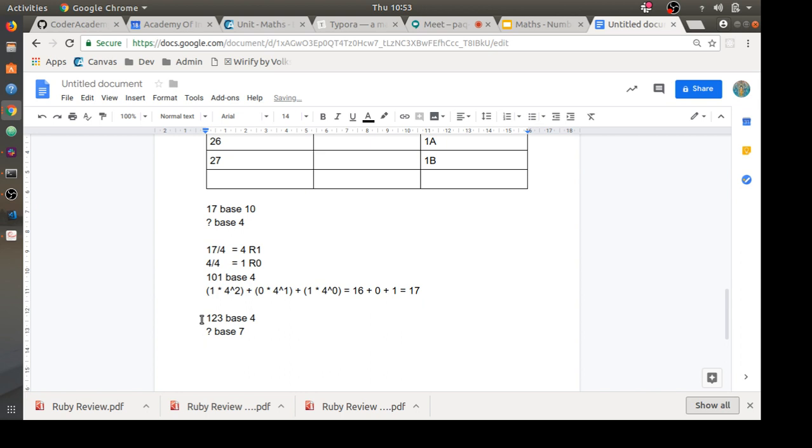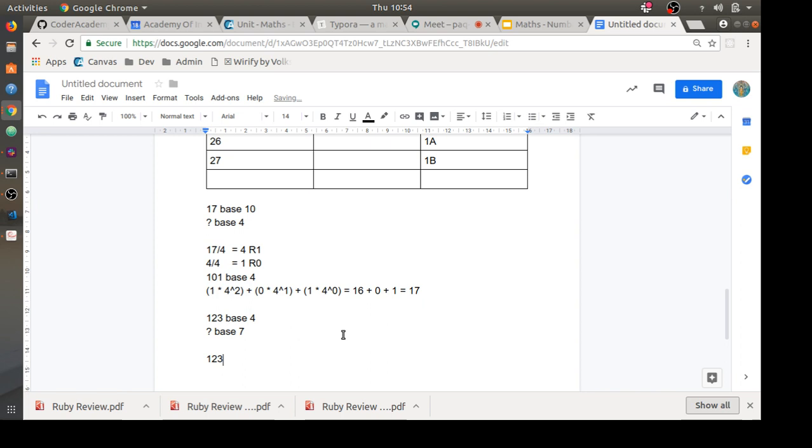What would we have to do first? Can we convert to decimal first and then convert to base 7? That's exactly what we have to do. So how do we convert it to decimal? Is it dividing? No. From base 4 to decimal, we do what we just did here, don't we? We just expand it.